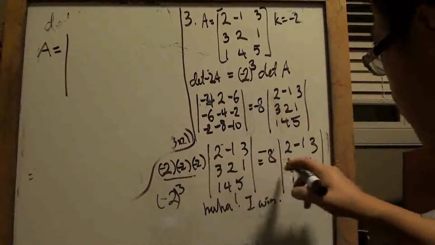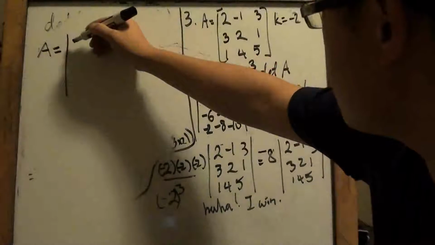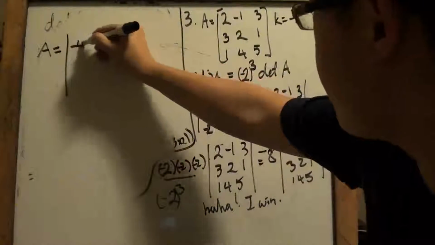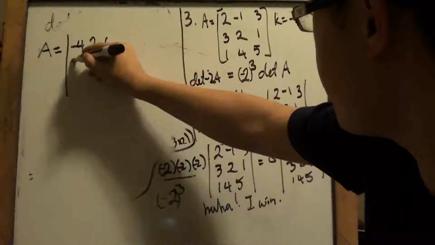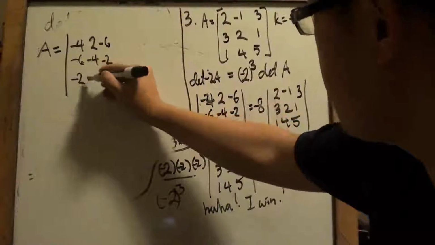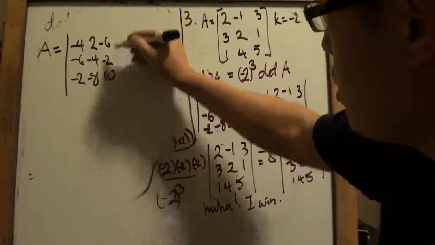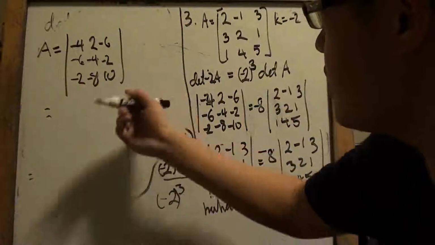Okay, so what we're going to do is I'm going to do -4 to -6. So I'm just going to find the regular determinant, okay? If I were to do that, then I don't really want to do it. That's stupid.